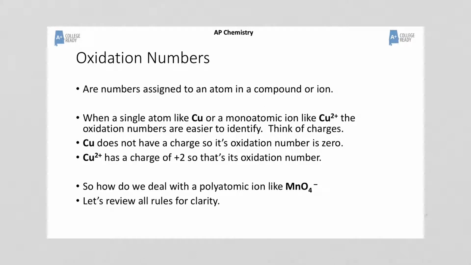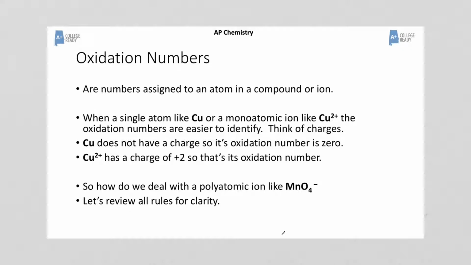To really understand some details in more complicated examples, because sometimes we'll have polyatomic ions, as you see at the bottom of the slide, the permanganate ion. You'll actually have to know the individual oxidation number of the Mn in the permanganate ion and of oxygen in the permanganate ion.